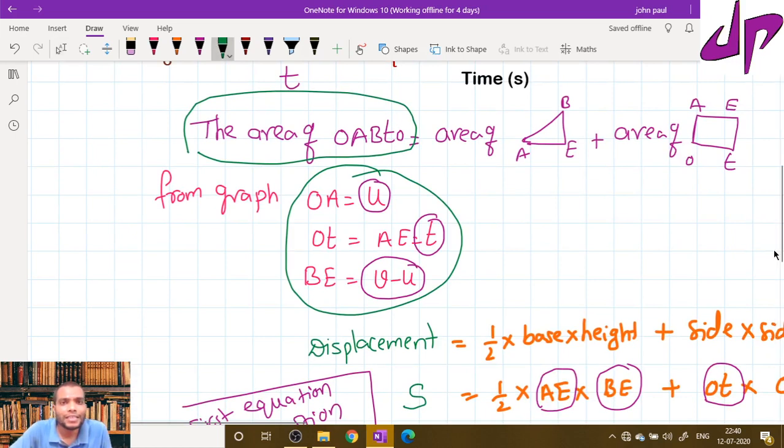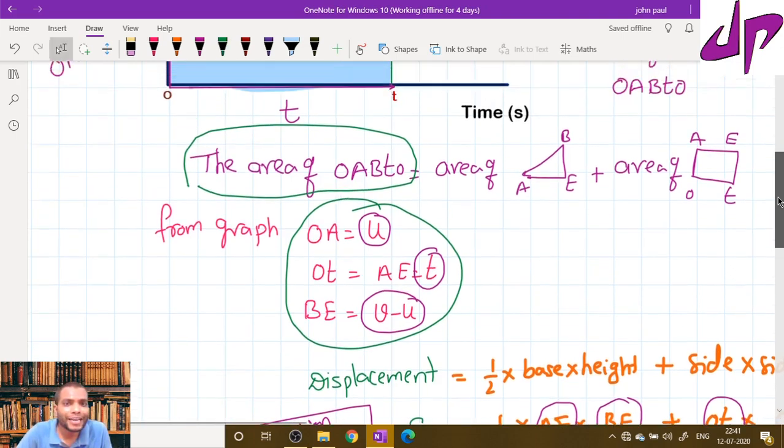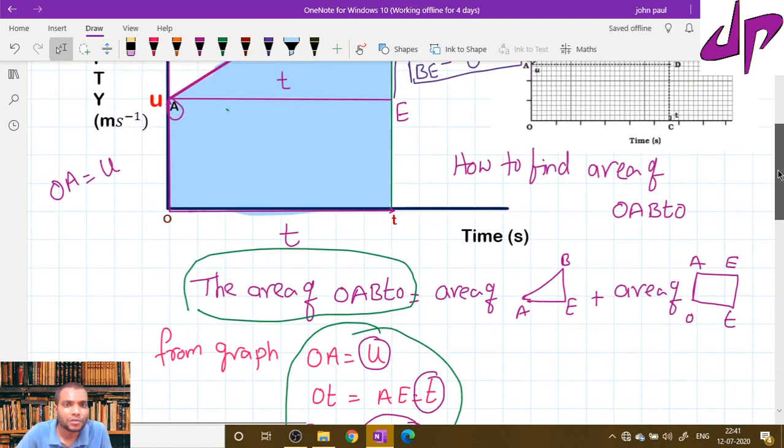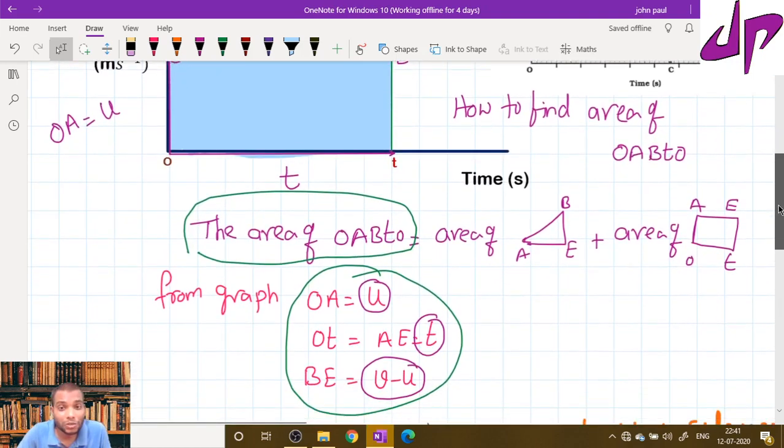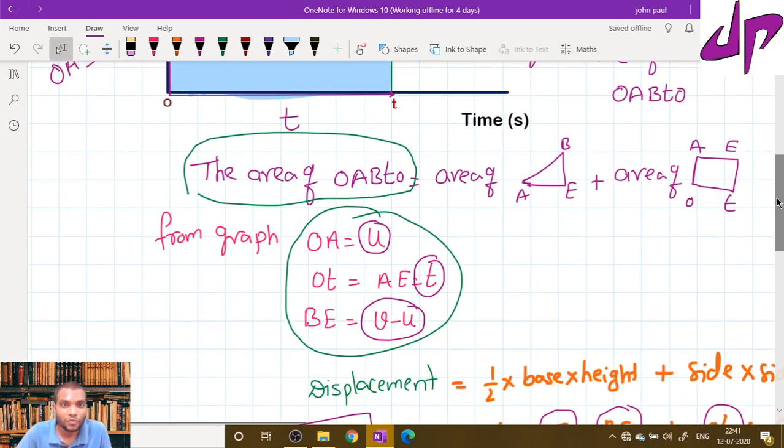And how did I get these values? This is the key to substituting those values. These values I got from the graph. So if you know how to get these values from the graph, then it is easy to derive it. The very key point is how we get these values from the graph.